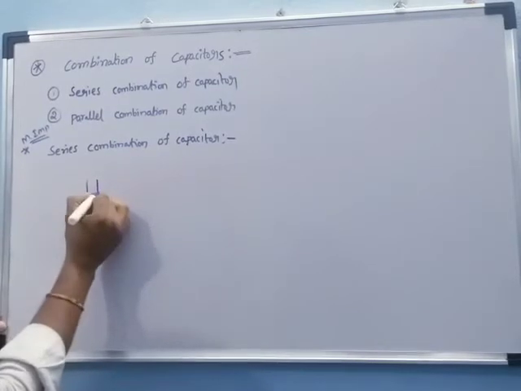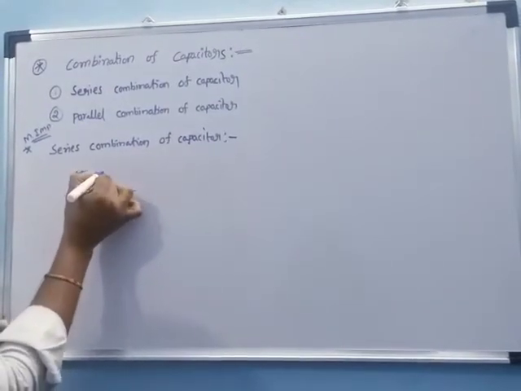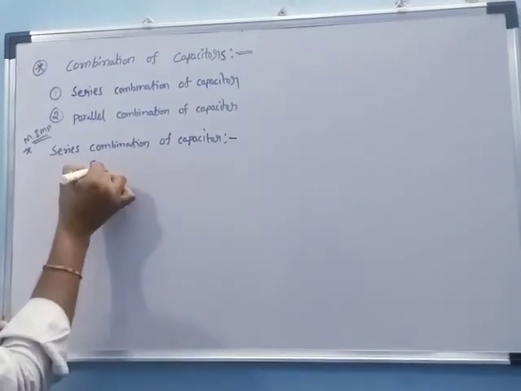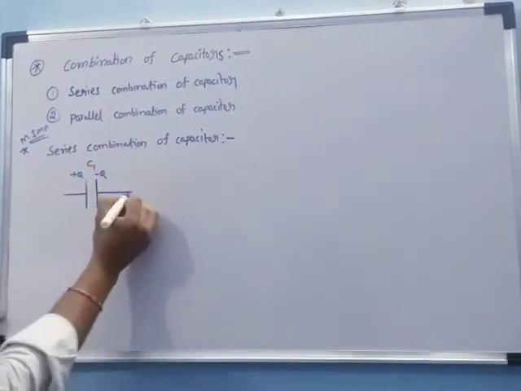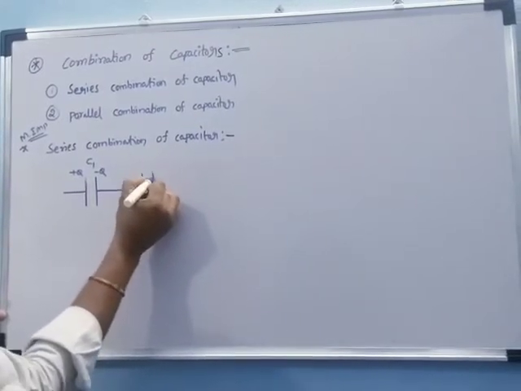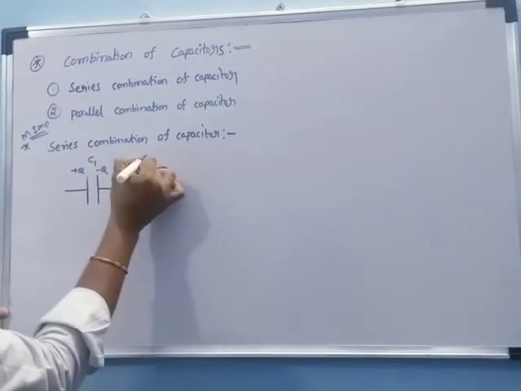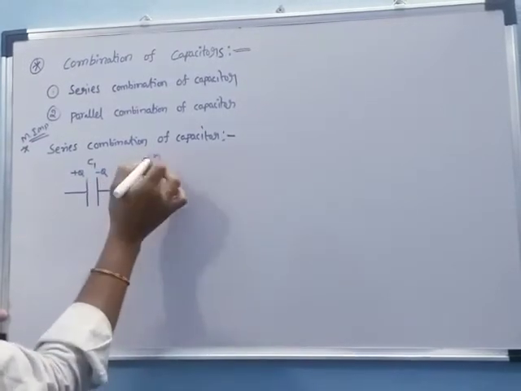The first capacitor has positive and negative charge and capacitance C1. The next capacitor is connected to it, also with positive and negative charge, and its capacitance is C2.